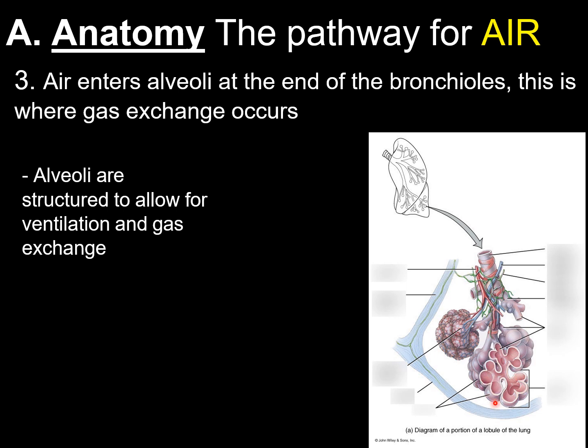So these alveoli, which look like little grape clusters, have lots and lots of surface area and are very, very thin, in order to allow maximal rate of diffusion, whether it's oxygen into the extracellular fluid or carbon dioxide out of the extracellular fluid. Notice how I said that, because there's actually a gap between the alveoli and the blood plasma. And so, again, keeping that distance short maximizes diffusional rate.